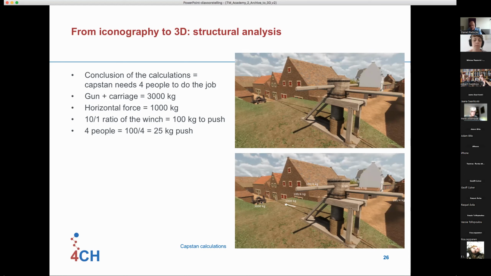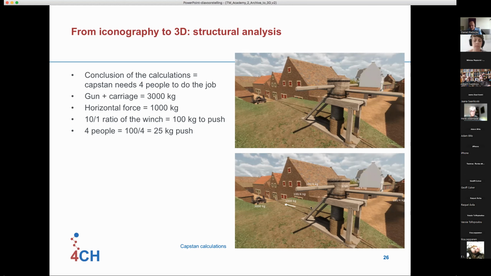It's not a very steep slope, but it's substantial. So that means if your gun is weighing 3,000 kilograms, at least you need to exert 1,000 kilograms of force to get it up, because the other part of the forces are still on the ground, and you need only a part of that force to get it up. That's simple mechanics, quite easy to understand.